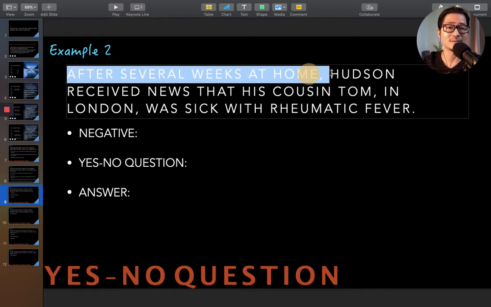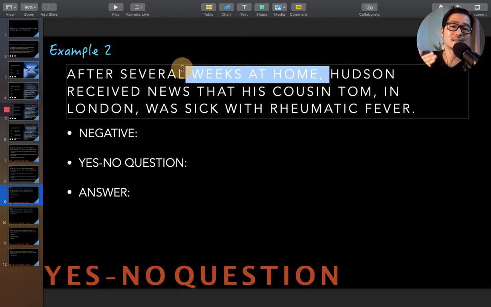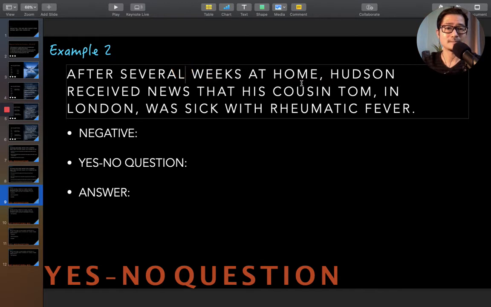After several weeks at home, what? After several weeks at home is merely talking about the when part of the sentence. So, where is the subject and the verb? The main part, or the main clause, as we say, the main sentence.